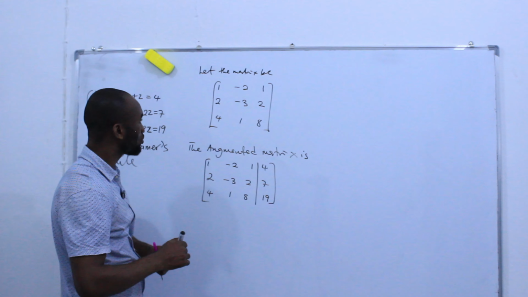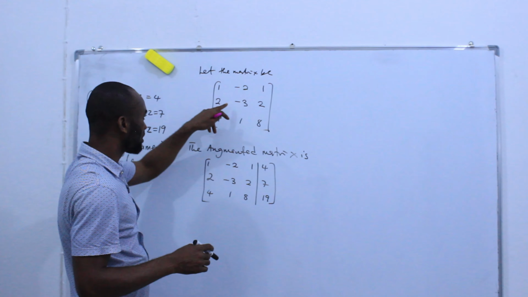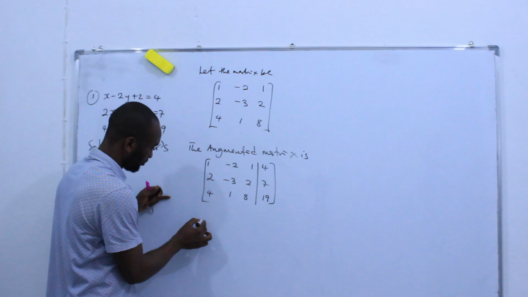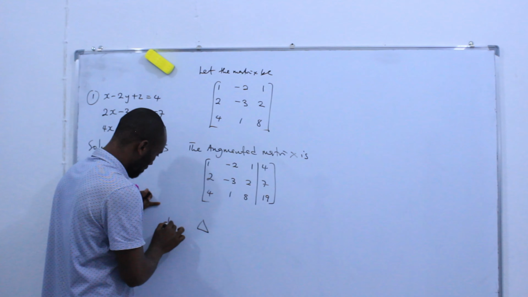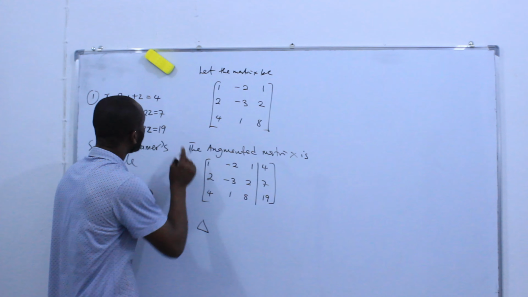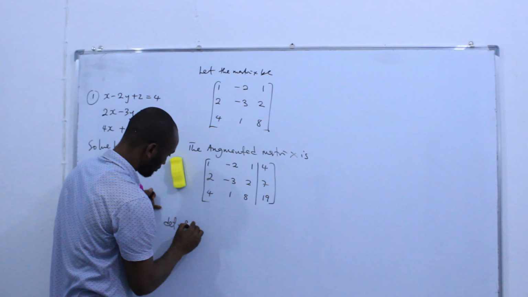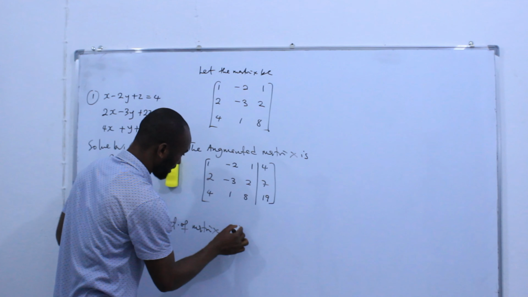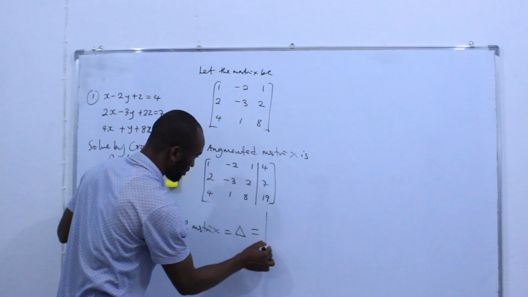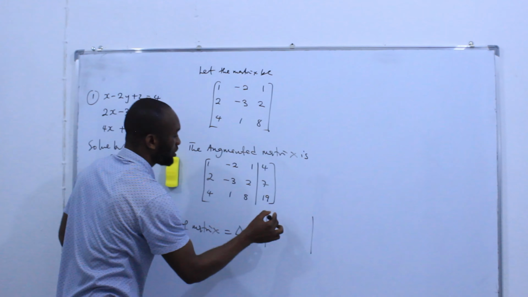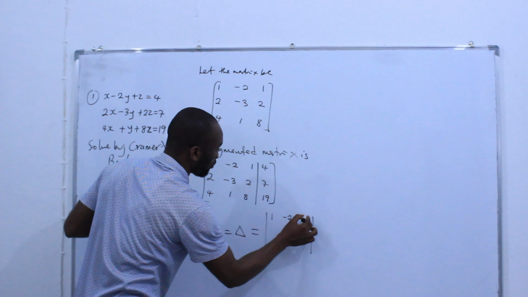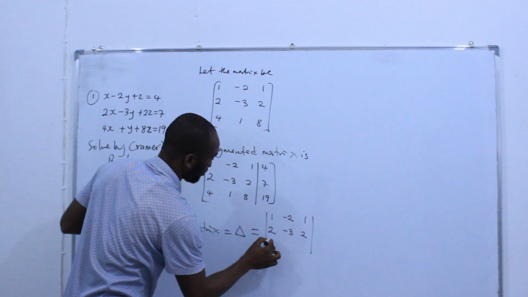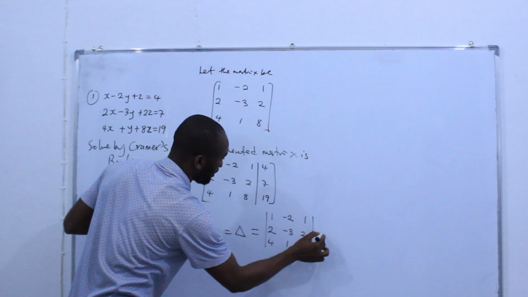So we are going to look for the determinant of this matrix. The determinant of the matrix is represented by this: 1, minus 2, 1, 2, minus 3, 2, 4, 1, 8.